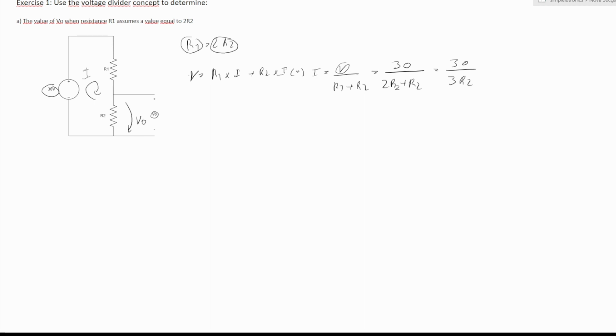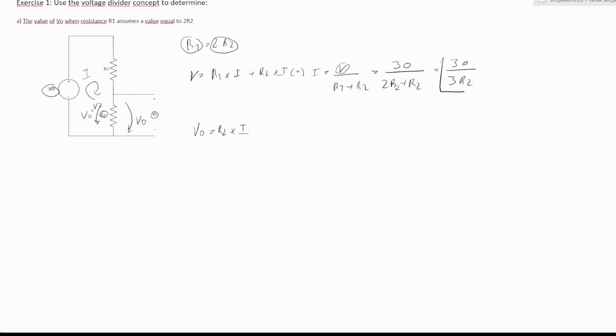So we know that this voltage over here, VO, is equal to V2, the voltage across resistance 2, and so VO is equal to R2 multiplied by the current.